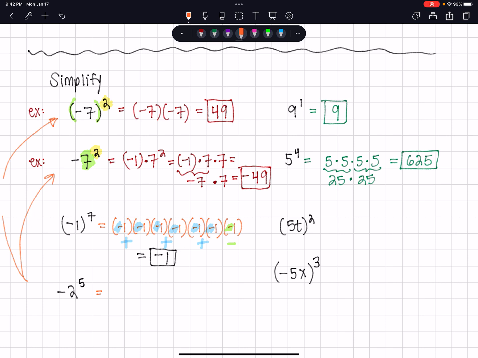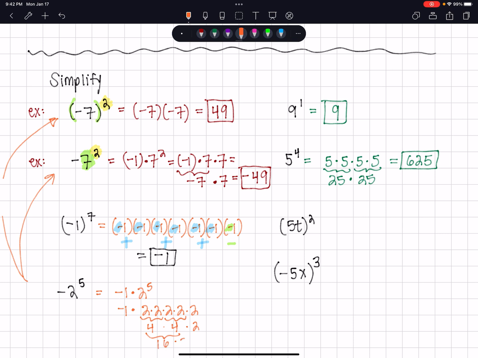The opposite of 2 to the 5th, or -1 times 2 to the 5th. You can also think of this as just -1 times 2 to the 5th. And then 2 to the 5th is 2 times 2 times 2 times 2 times 2. 4 times 4 times 2.